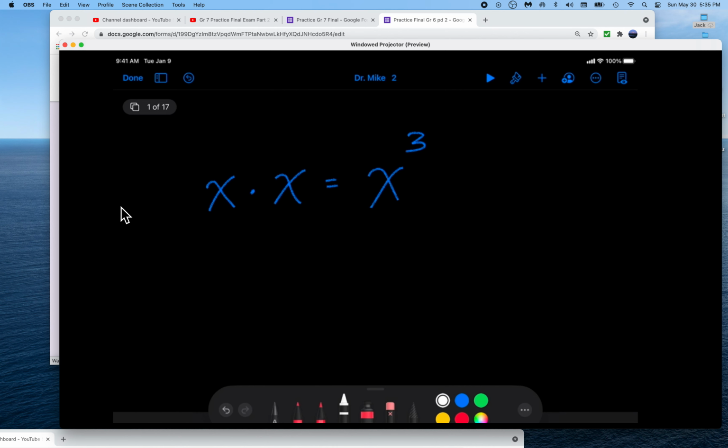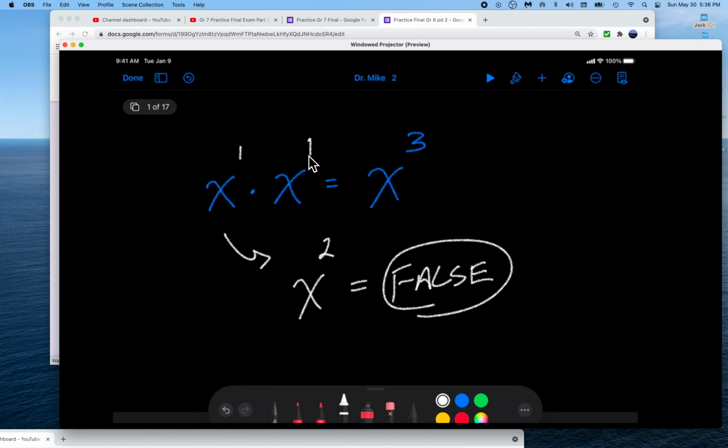So if I put a hidden 1 here, the way to approach this problem is, when you're multiplying and you have the same base, you add the exponents. So this becomes x squared, because 1 plus 1 is 2. It is not equal to x cubed. So this is false. In other words, x times x does not equal x to the 3rd.